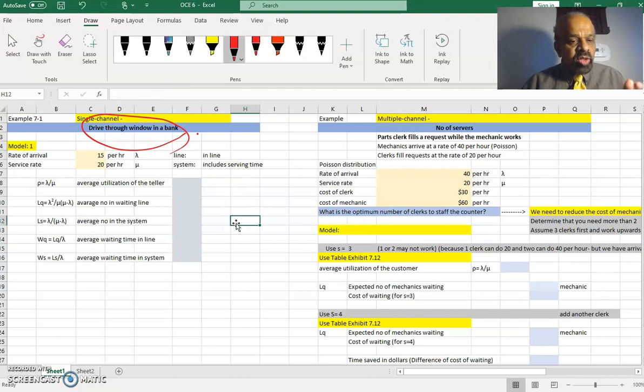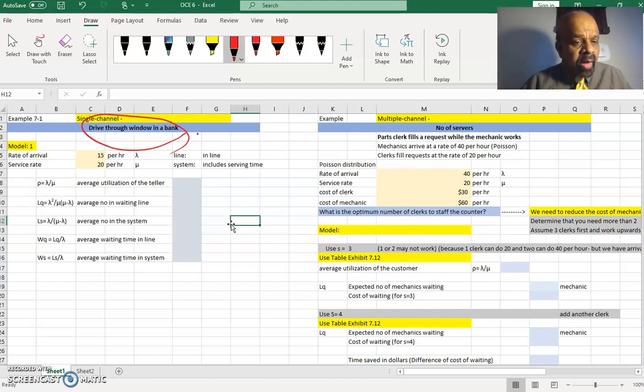So this is model 1. Now we can calculate using the figure. If you go to the book, there is a figure, I believe it is 7.11, and the waiting line model equations are given there.